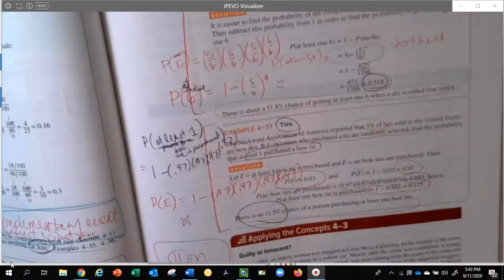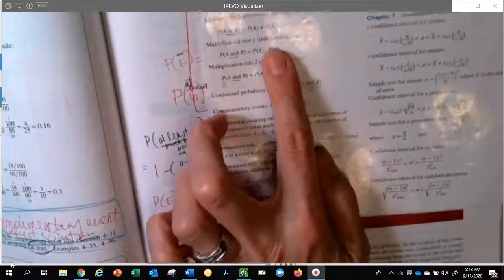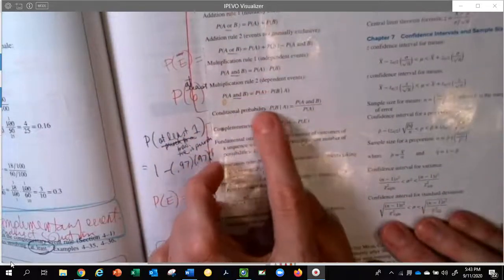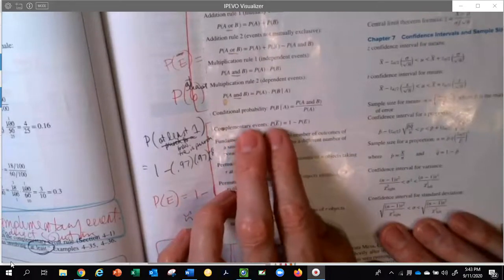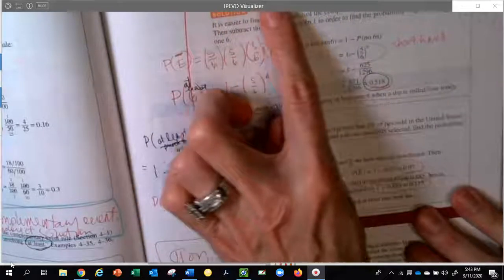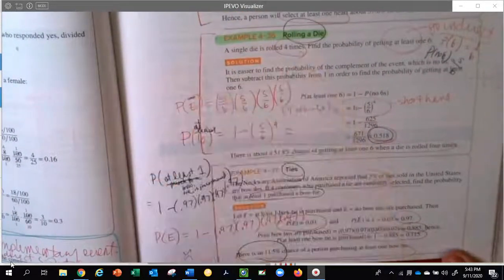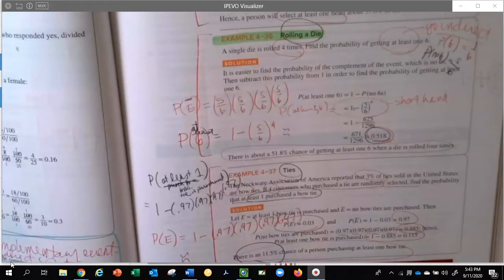And if you look where it falls on our chart, we looked at multiplication independent, multiplication dependent, conditional, and then the complementary events, and that's where you're going to have to remember the process when it gives you something like this, like the rolling the die in your homework, or if I give it to you on the test. This concludes all of what we are doing in Chapter 4, Section 3.